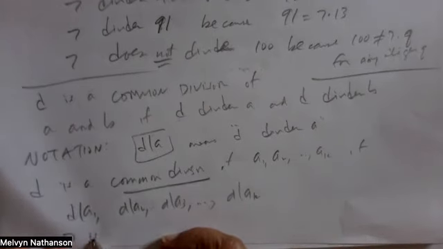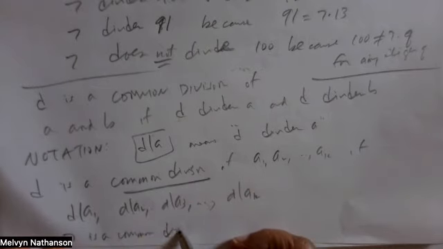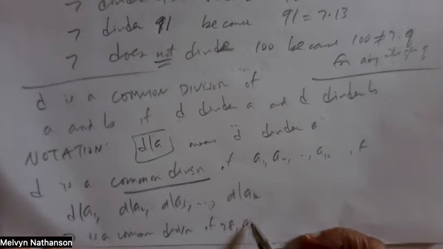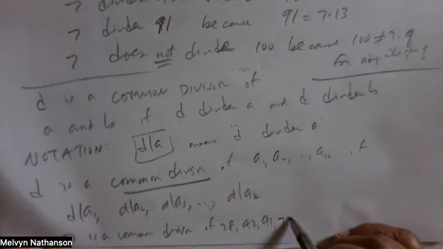So 7 is a common divisor of 28, 42, 91, and 770.